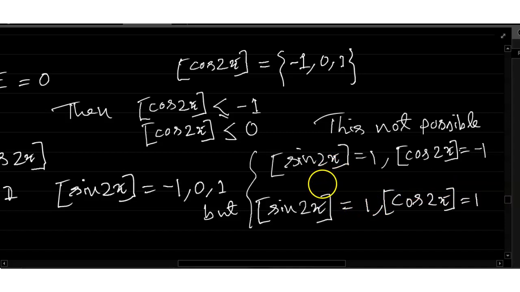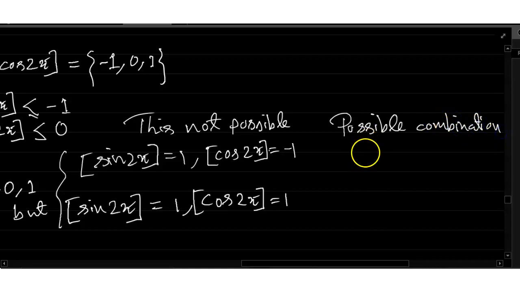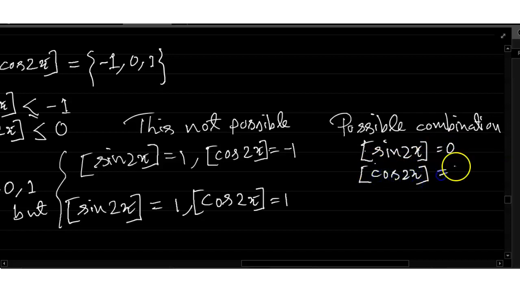So possible combination is when sine 2x equals 0, cos 2x equals 1 or minus 1, and this way we get that the range of function f is 0 to 1.